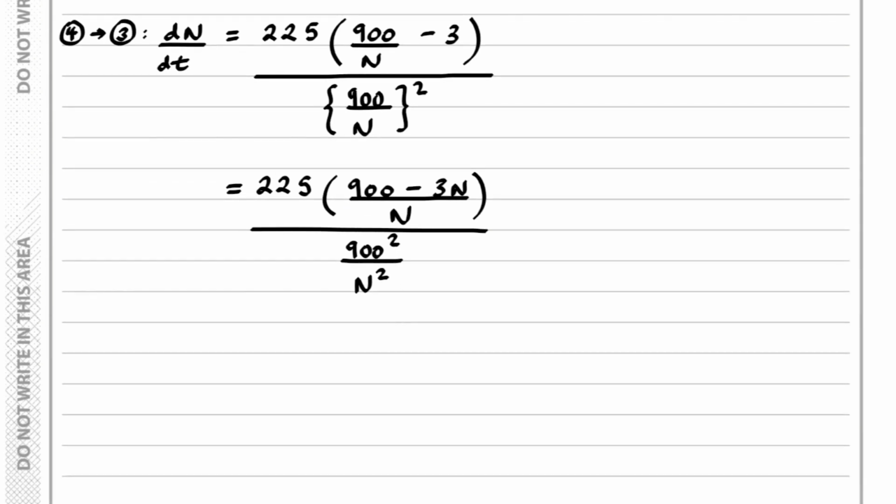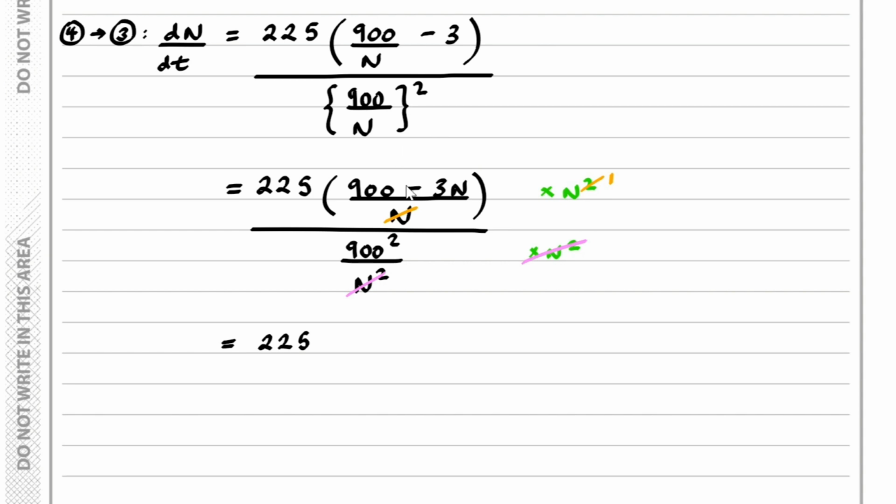Now what we can do is multiply through by n squared. If I times the top and bottom by n squared, then this and this cancel, and this cancels with this once.